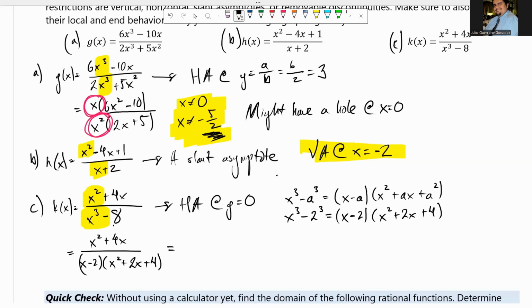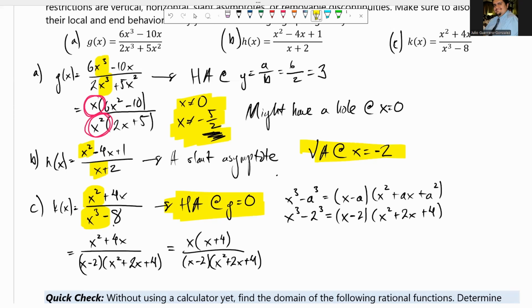I'm going to do one more bit of factoring the top. I can pull out an x: x times x plus 4, all over x minus 2 times x squared plus 2x plus 4. This is the best I can do in terms of factoring. Notice that nothing cancels, okay? And we already have a horizontal asymptote at y equals 0.